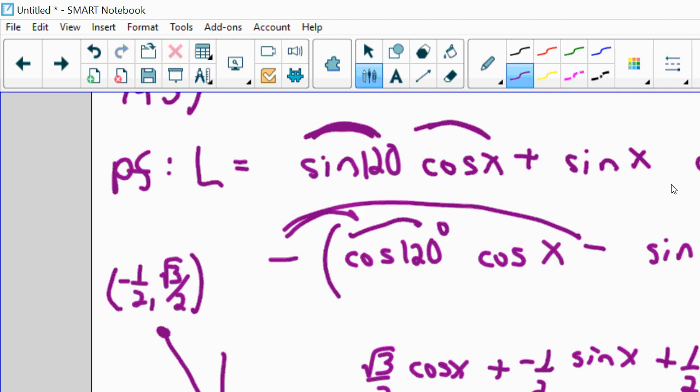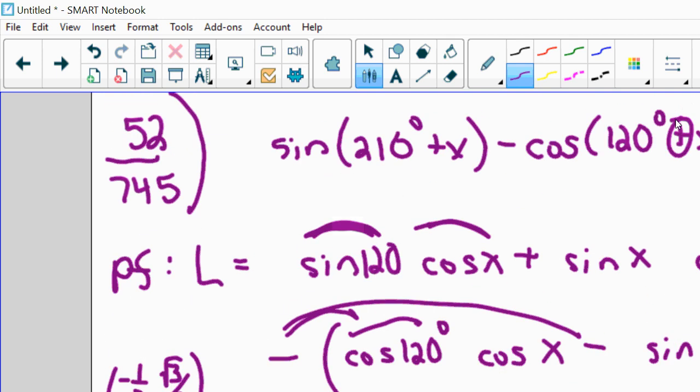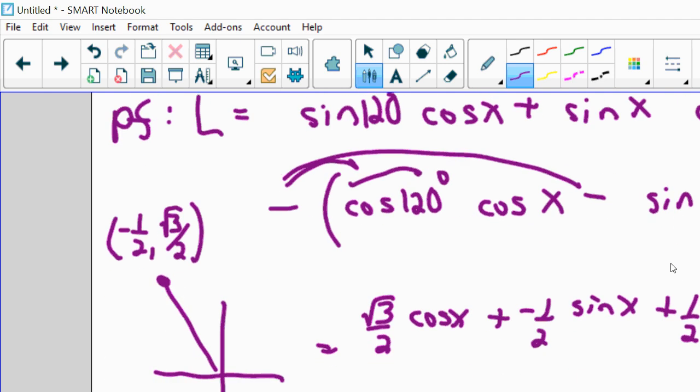Did I copy the problem down right? Sine 210x minus cosine 120 plus x. Verify each as an identity. Okay. So, here finally I get stumped. I think I did something wrong.